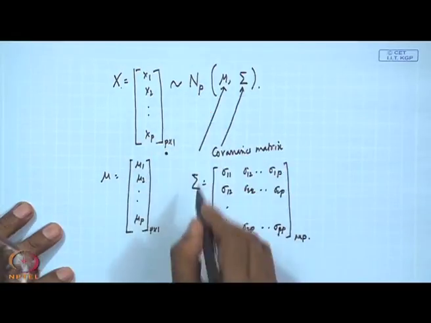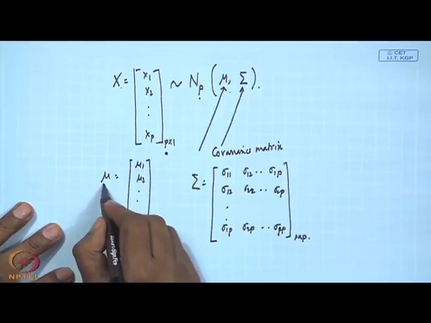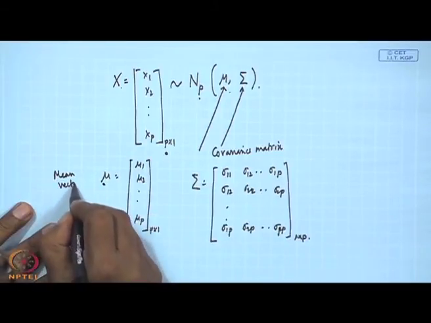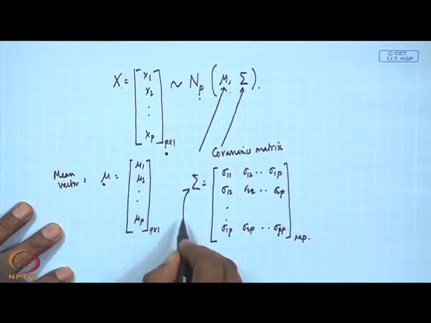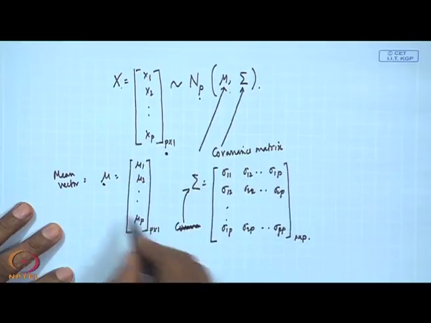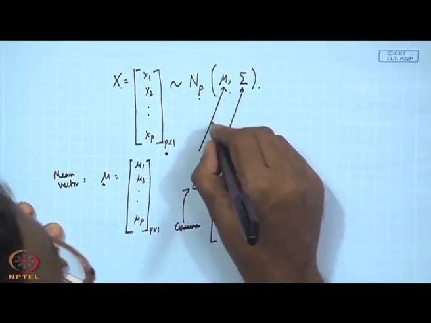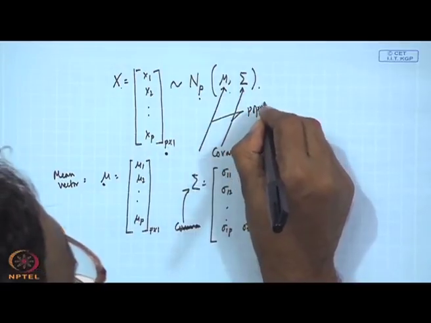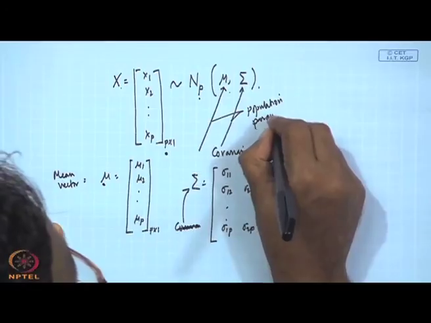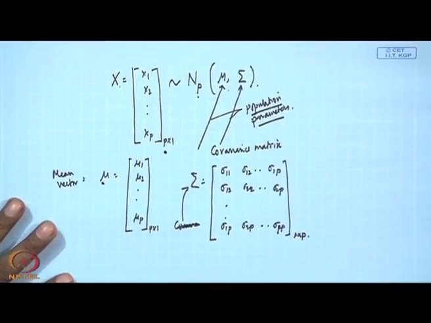Multivariate normal distribution is characterized by p variables with parameters mu, the mean vector, and the covariance matrix. Please remember these are population parameters.